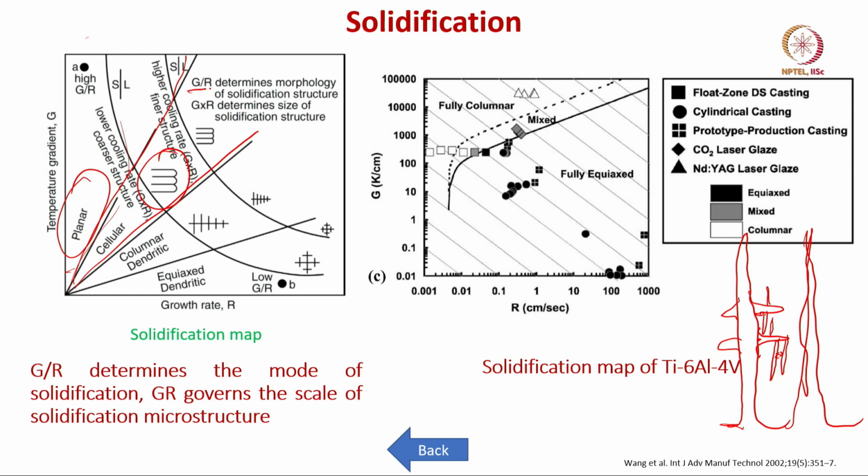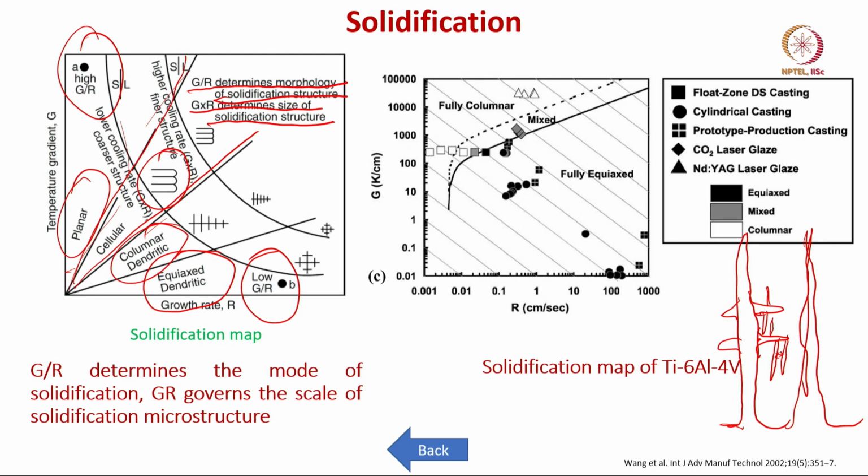G by R essentially determines the morphology of the solidification structure, whereas G cross R, the product of G and R, determines the size of the solidification structure, the length scale of the solidification microstructure. What you see in different regions is divided into columnar dendritic, equiax dendritic and so on, and you have a high G by R ratio and a low G by R ratio, which has also been mentioned in this part.